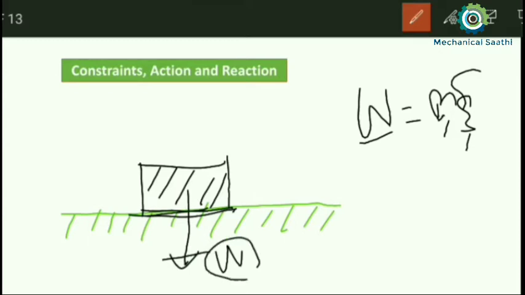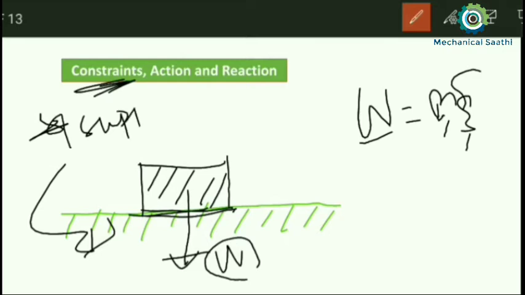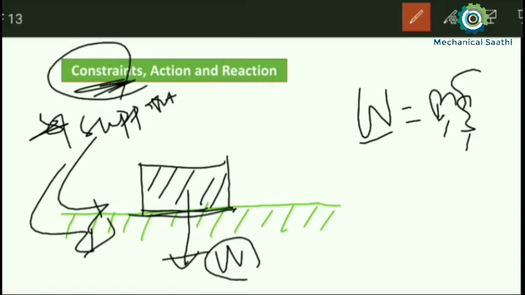So here, this fixed support is known as your constraint, because a constraint is basically a resisting element which is going to resist the motion of any body or any particle.